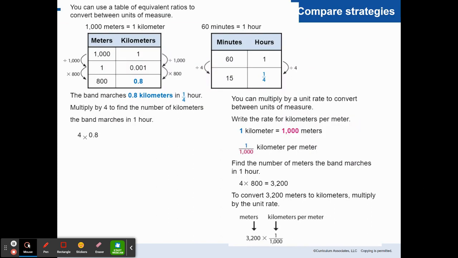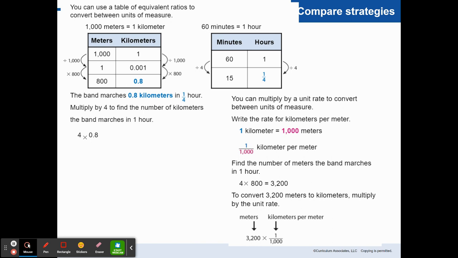All right, so here are two different ways. We have two different rates. The first thing they did was convert their meters to kilometers, and they did it with a chart. You can do that, okay?